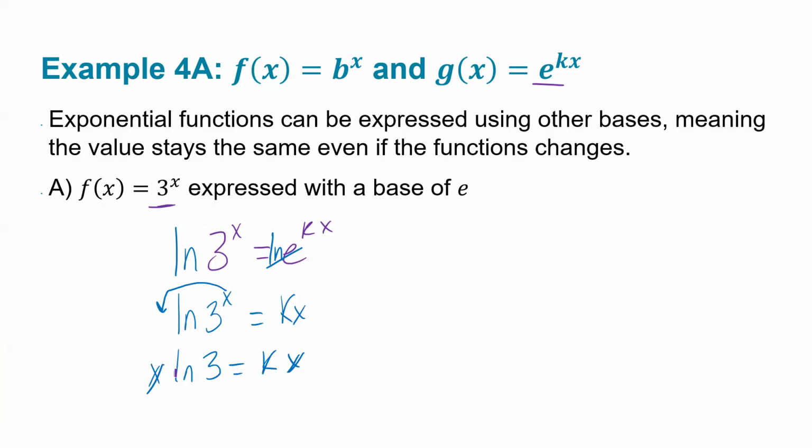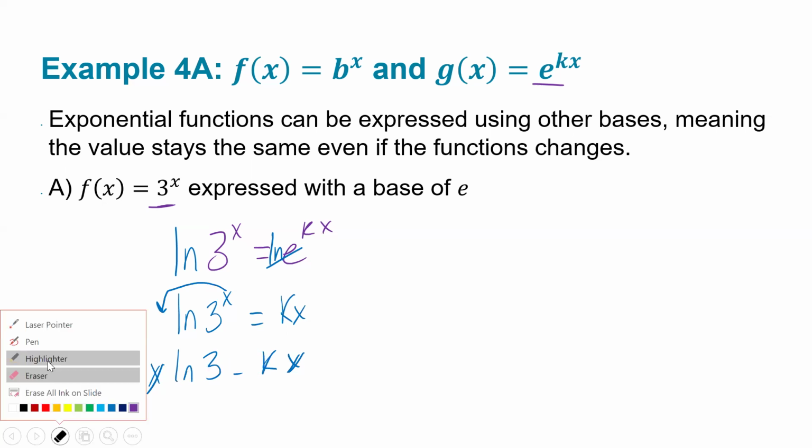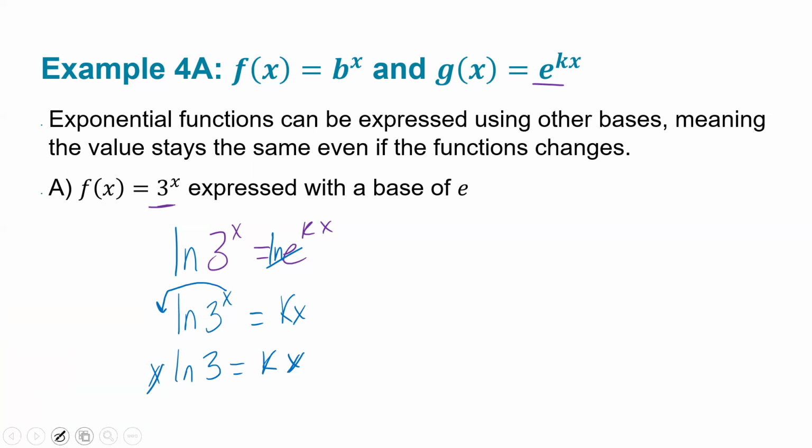And what we're left with is our k value. Bad choice of color. No matter how much I love purple, it does not act like a good highlight. Let's just use regular yellow. Boring, but there you go. So now we know the value of our k: natural log of 3.